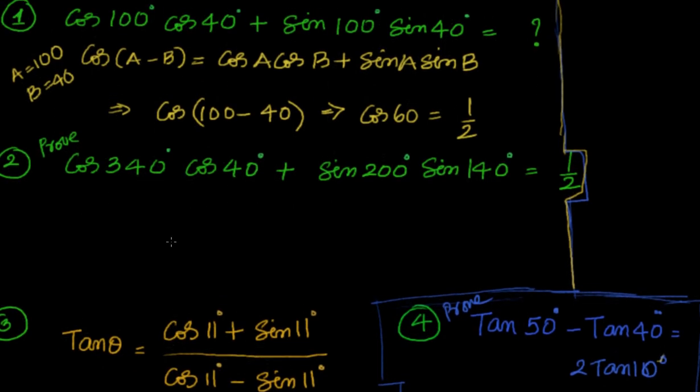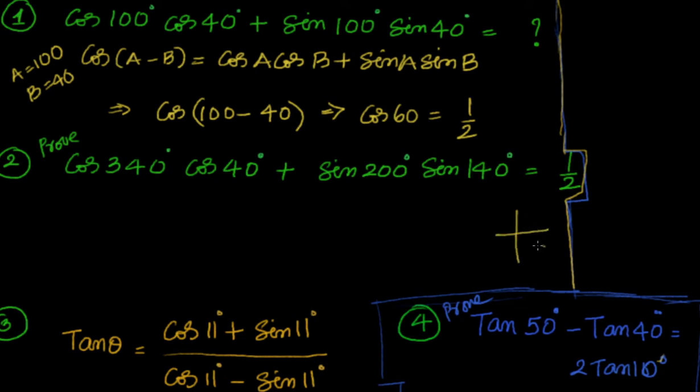One more we have here, again in the same format, cos A cos B plus sin A sin B, but as of now we see the values are different. So let us try to simplify this and see what will happen to them. Okay, now 340 degrees is in which quadrant? Fourth quadrant. All, sin, tan, cos, we know that, right?